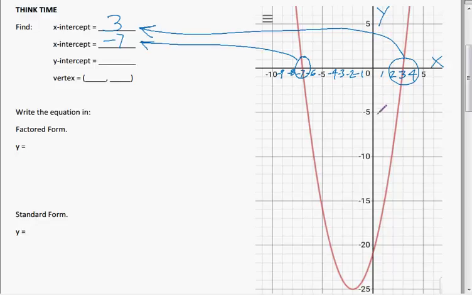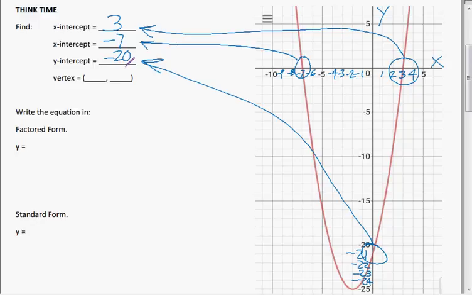So I look for where the graph crosses the y-axis, and it crosses here at negative 21. So I can say that my y-intercept is negative 20.